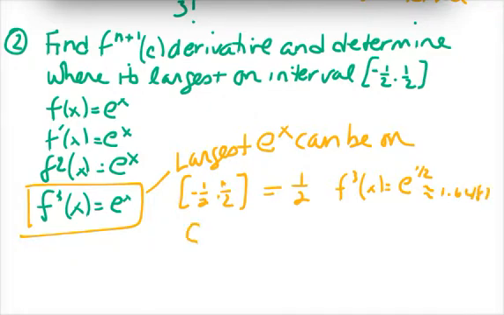So I'm going to choose m to be 2. And again, it's not unique. You could use the exact value, which would be the square root of e. Or you can use another approximation, just as long as it's greater than it.